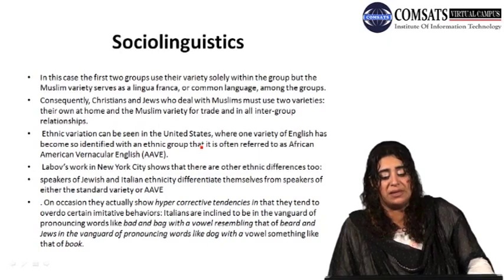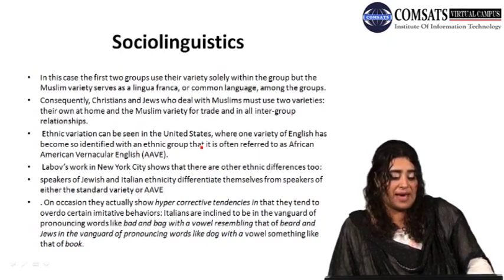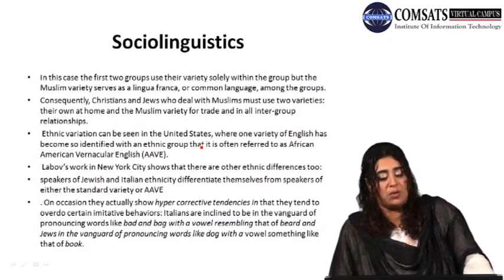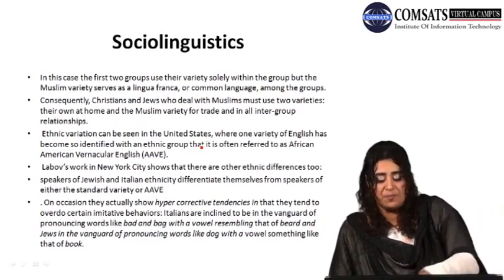Italians are inclined to be in the vanguard of pronouncing words like bat and bag with a vowel resembling that of beard, and Jews in the vanguard of pronouncing words like dog with a vowel sometimes like that of book.